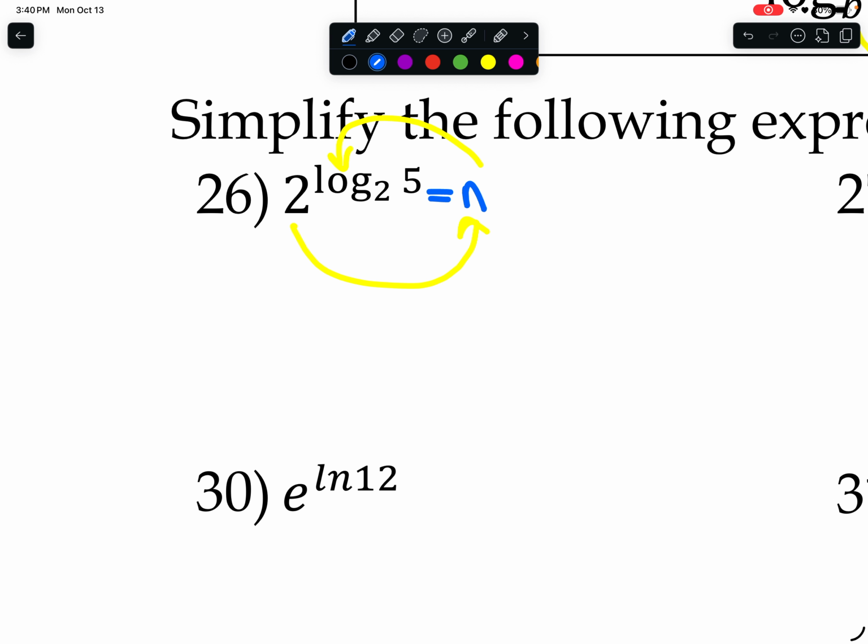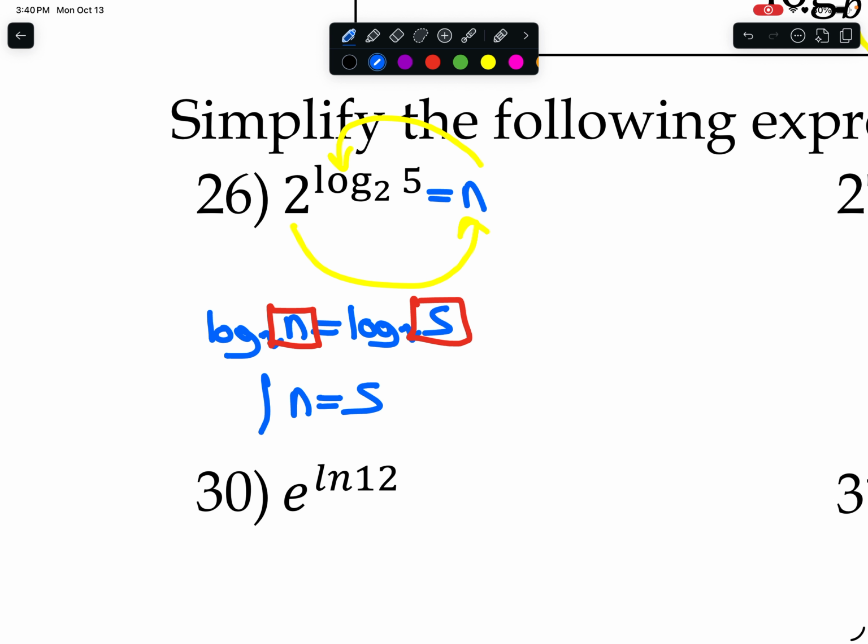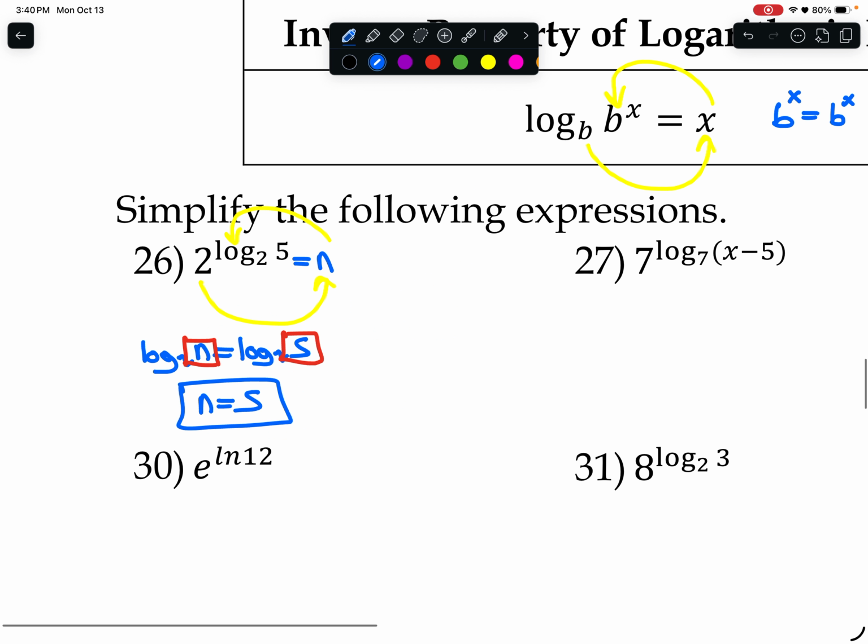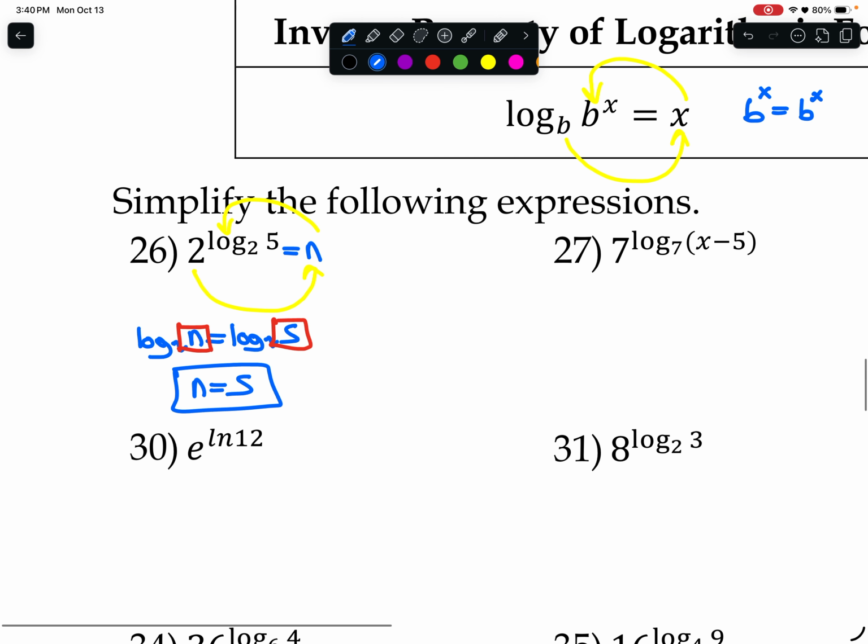My bad. So this is going to be log base 2 of n equals log base 2 of 5. And now that we have the same log base, I'm going to set the arguments equal to each other, which means my unknown value in this case is going to be 5. So your quote-unquote unknown value could be a constant or it could even be an expression. That's why I don't like to use x, because I don't want you to think of it like an equation. We're just rewriting it.